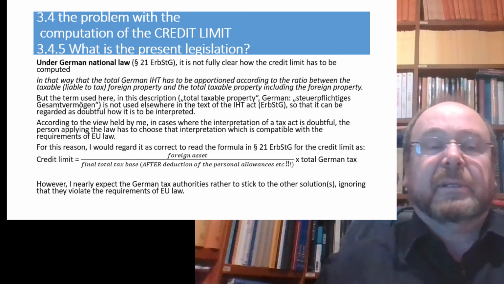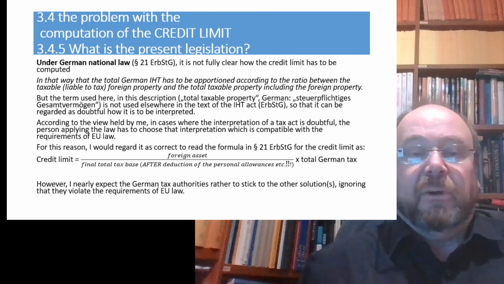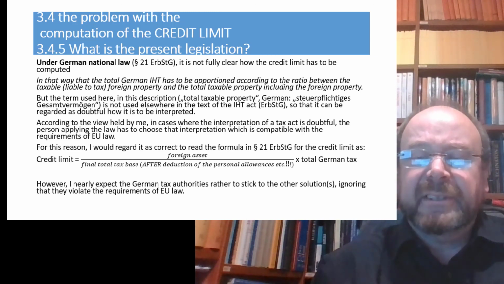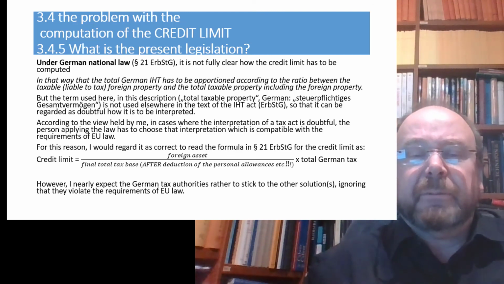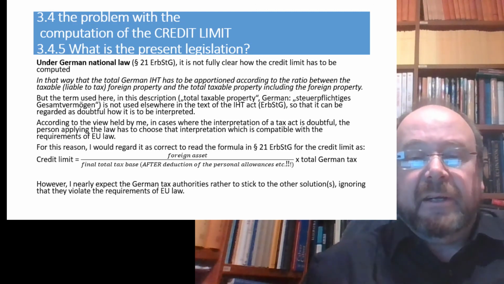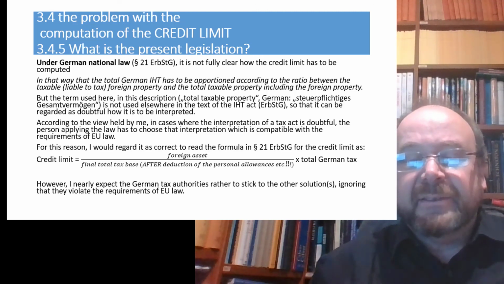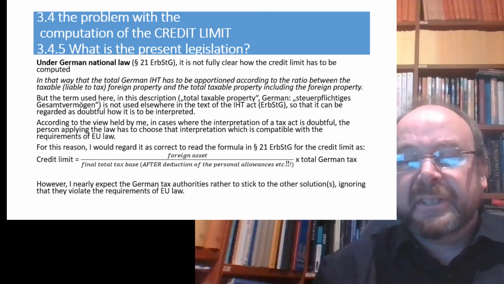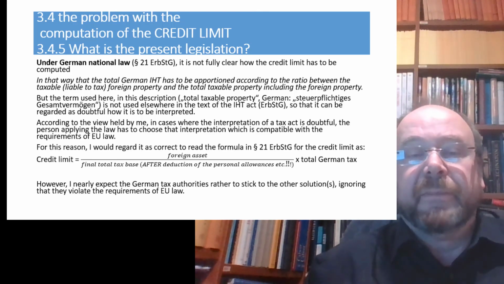So in German national law, we have already seen that paragraph 21 of the inheritance tax act has a unilateral tax credit method. And there, surprisingly, it's not fully clear how the credit limit has to be computed at all.